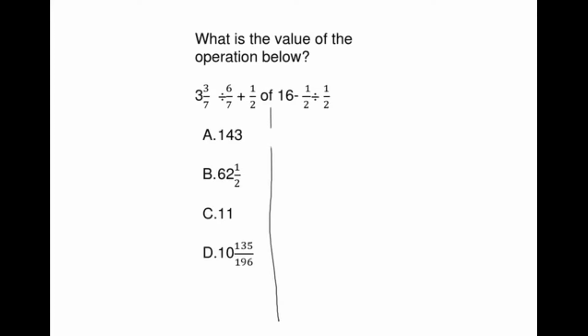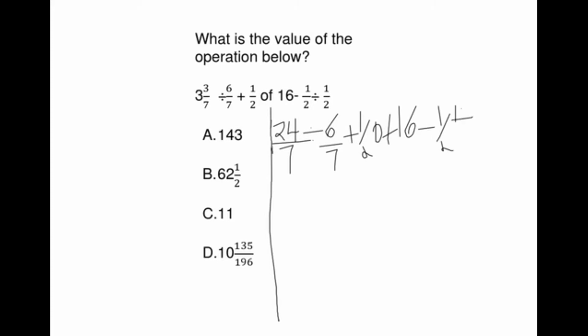So we have 3 and 3 over 7 as an improper fraction, which is 3 times 7, which is 21, plus 3 is 24 over 7, divided by 6 over 7 plus a half of 16 minus a half divided by a half. So we are going to use the body part.